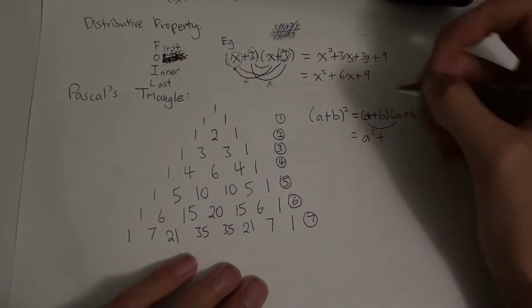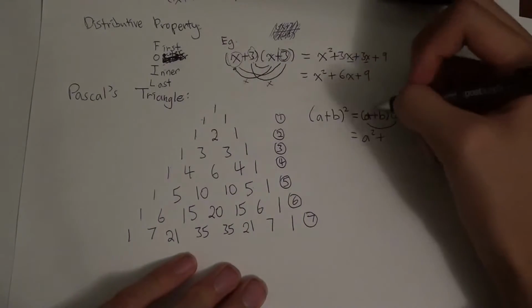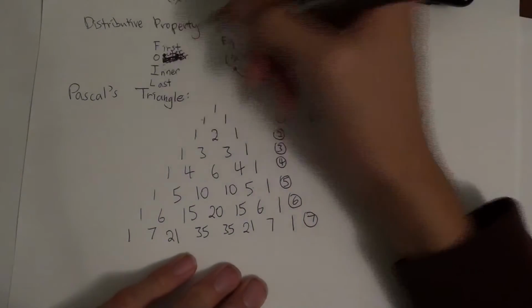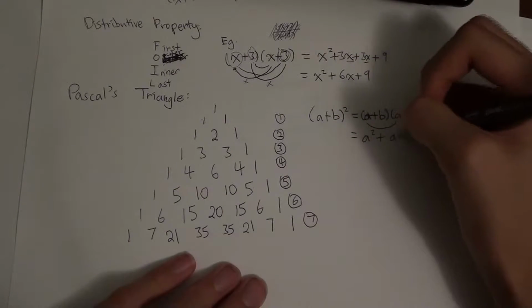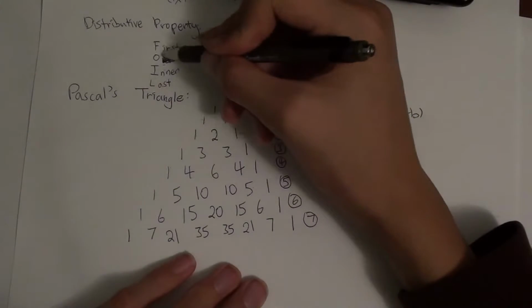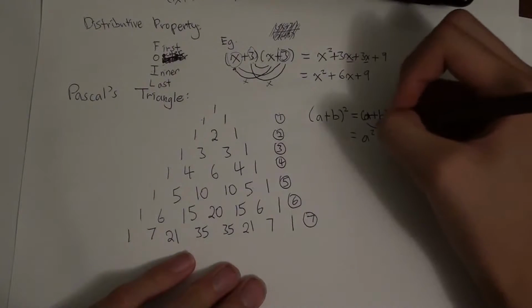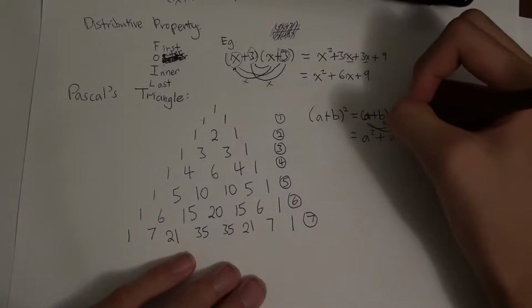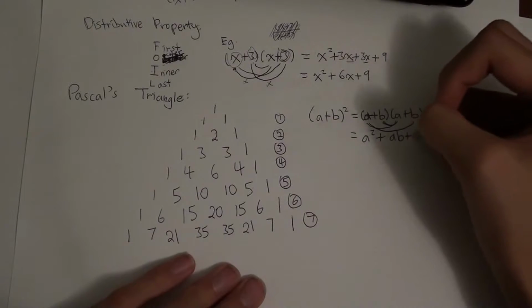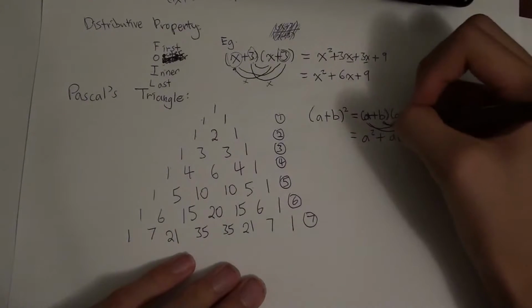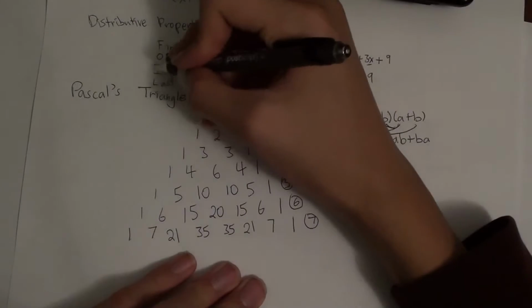Next, you add a times b, which is the outer. So a times b, that's ab. And then next you do inner, right here. So b and a, I forgot to draw these lines. So b and a, that is ba. And lastly, you do last.